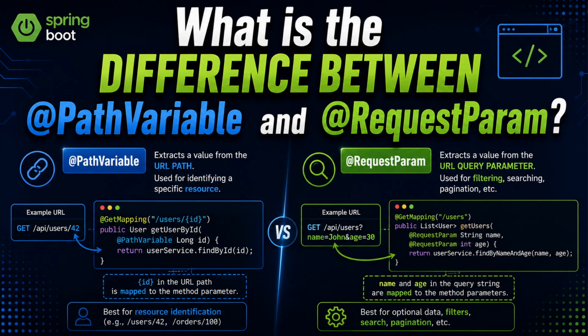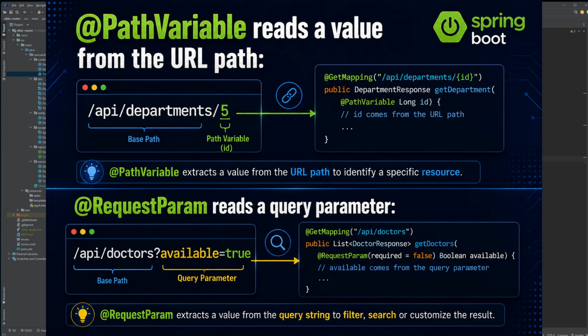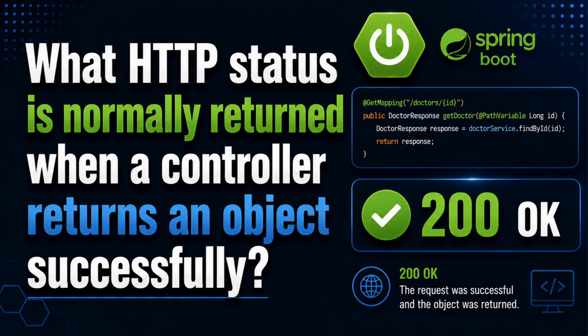What is the difference between @PathVariable and @RequestParam? PathVariable reads a value from the URL path, like /api/department/5. RequestParam reads a query parameter, like this string right here.